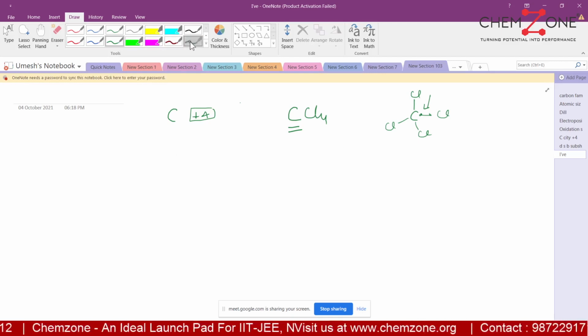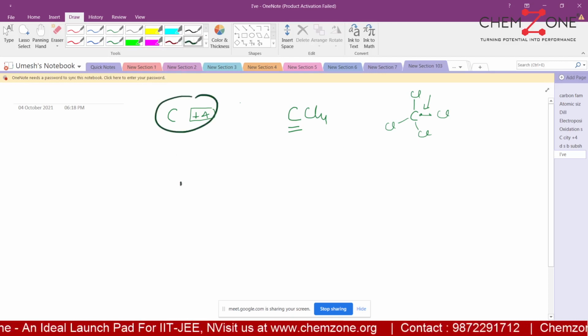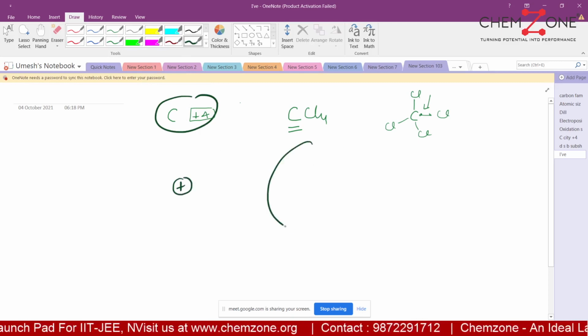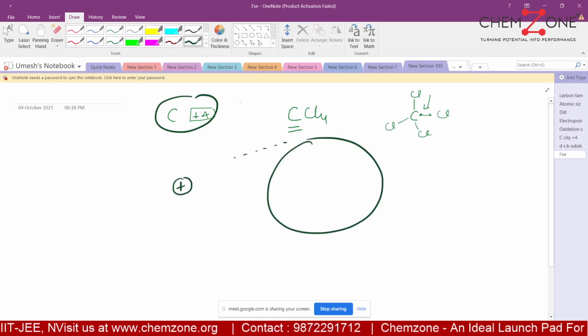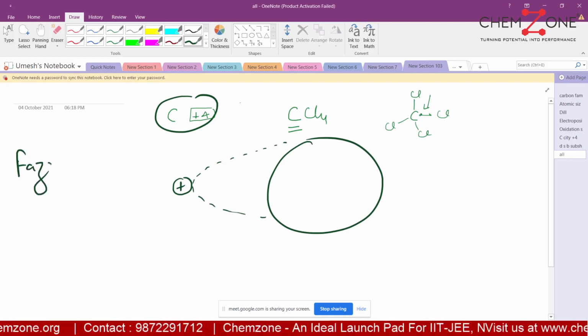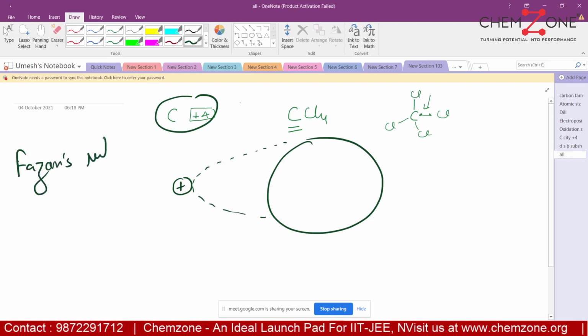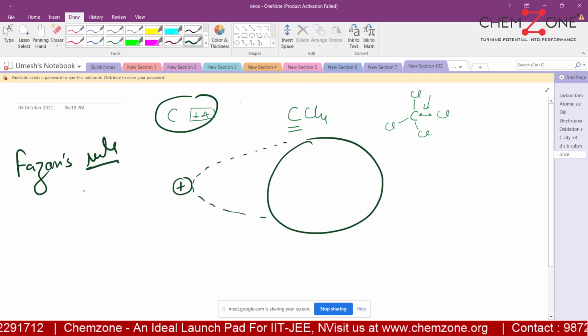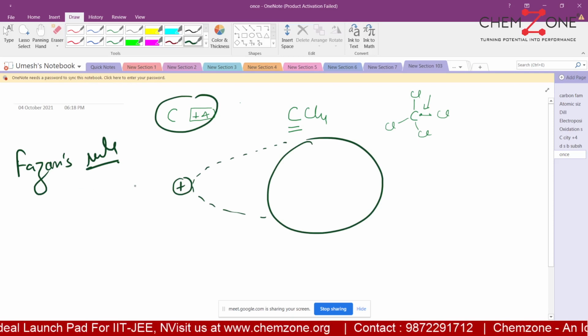Remember, there is Fajan's rule. Carbon with a 4 positive charge is very, very small, so chloride is bigger. Fajan's rule says, the smaller the cation, the more the polarizing power and the more the covalency. So here it forms the covalent compound.